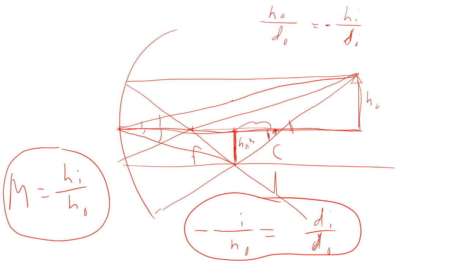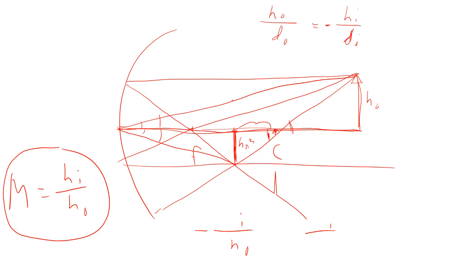Okay, so let me erase this down here. Well, what is that distance? That's going to be DO minus C. That's going to equal HI over C minus DI.